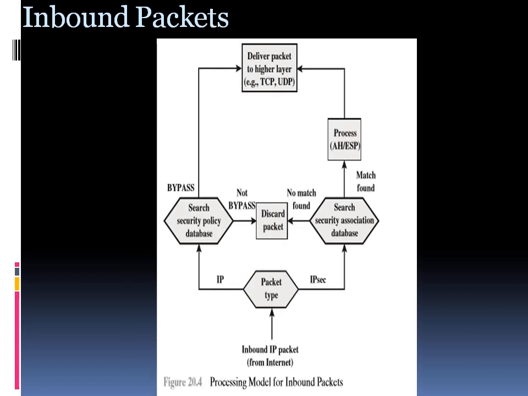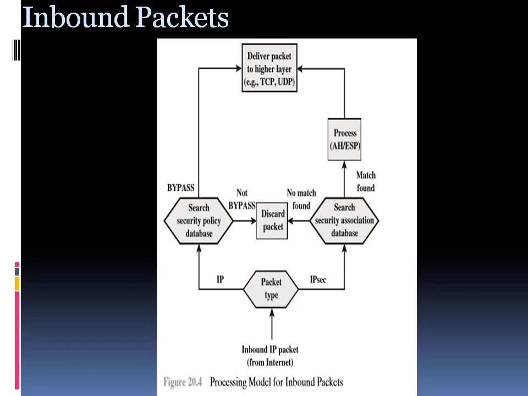Next we have inbound processing. Here an incoming IP packet triggers the IPSec processing and then the following steps occur. Firstly, IPSec determines whether this is an unsecured IP packet or one that has ESP or AH headers or trailers. And how does it do it? It does that by examining the IP protocol field in IPv4 or the next header field in IPv6.